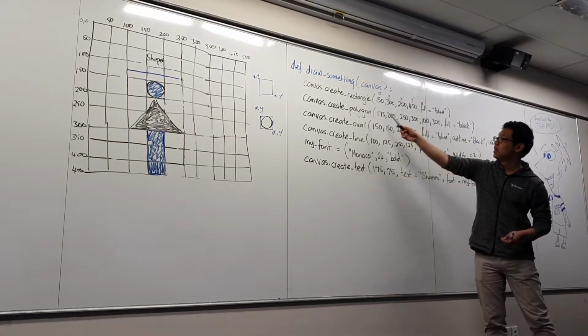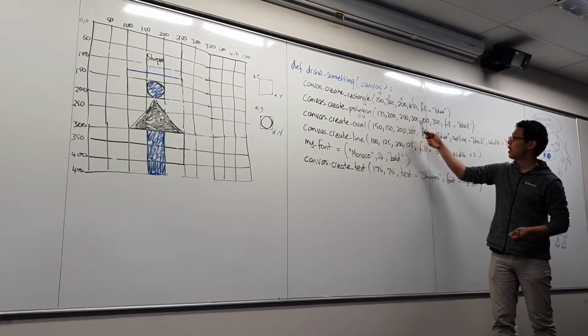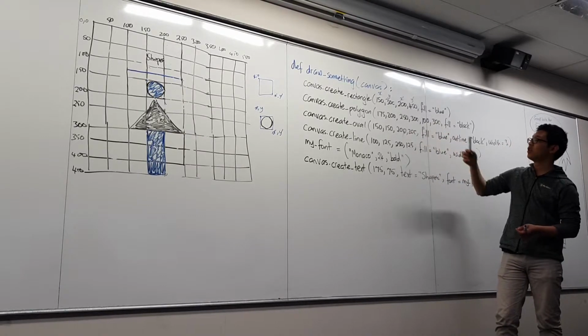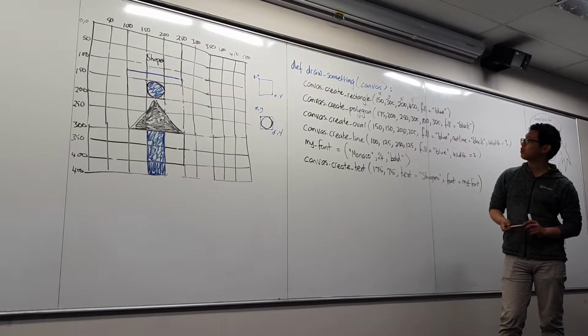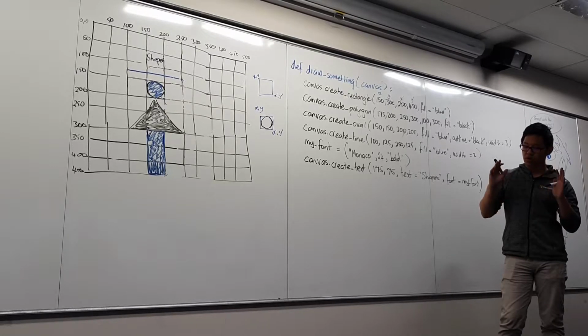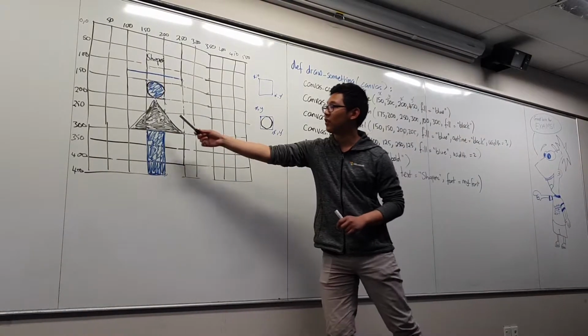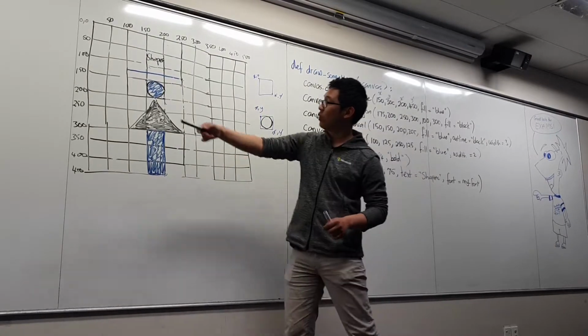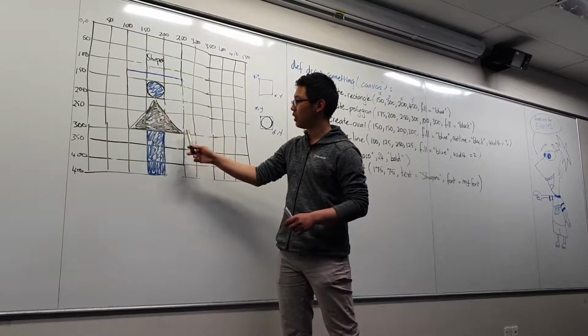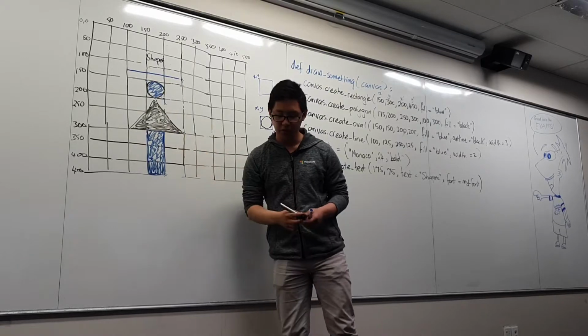So that's your x1, y1, x2, y2, x3, y3. It'll set those as your points, and then it'll connect the dots for you. And that's exactly what happens here. 175, 200, that's around here. And it goes to this point and then that point, and it makes a triangle for you.